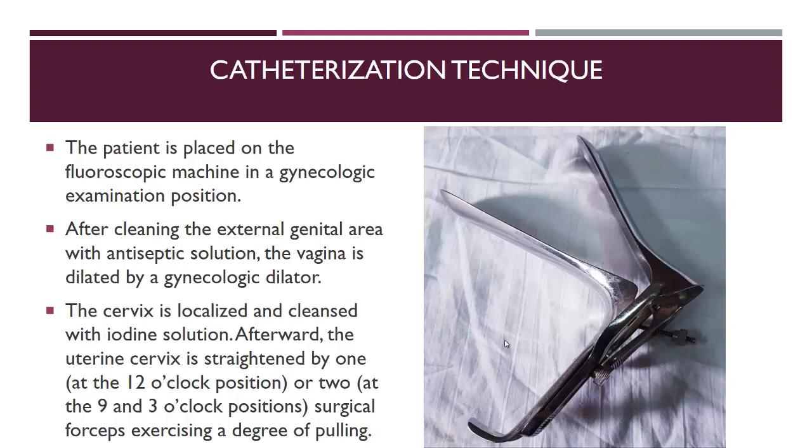Usually we try to straighten the cervix. If you find the cervix looking downwards because the uterus is retroverted, or looking to one side, you try to grasp the cervix in order to make the cervical os central. But try to stay away from 3 and 9 o'clock because these are vascular due to the arborization of the uterine artery at that part.